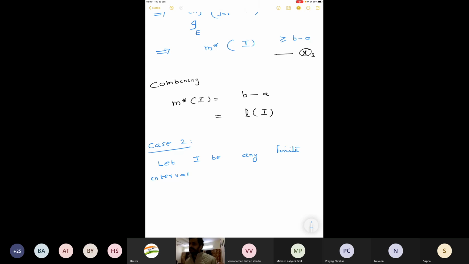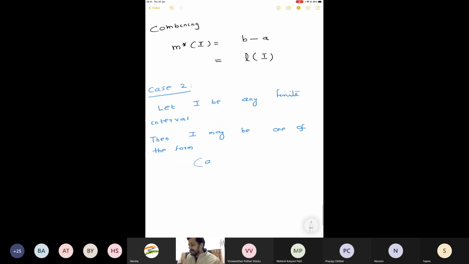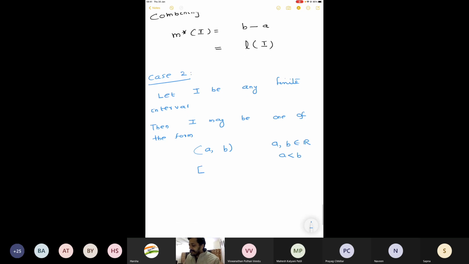Then you can write the different possibilities. I may be of one of the forms. It may be open (A, B), with A, B elements of R, A less than B, or it can be something like this.